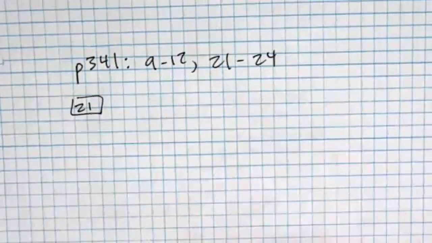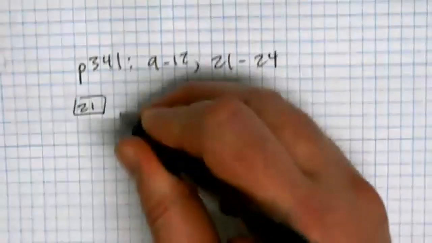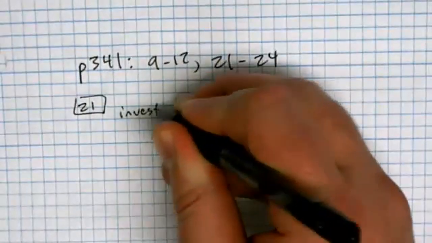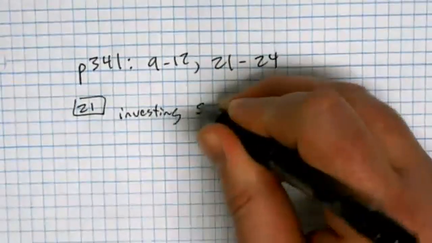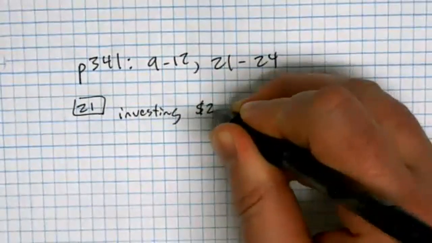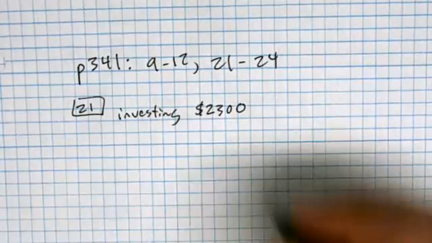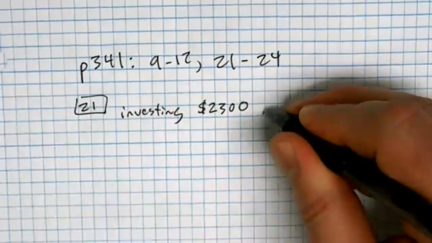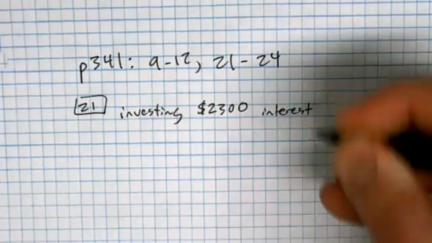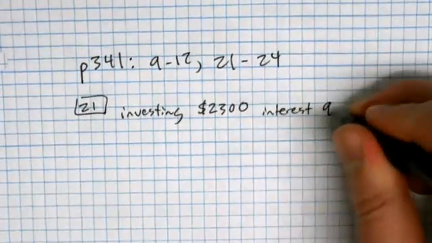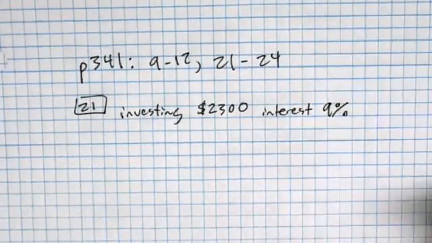Number 21 is about John. John's investing. Congratulations, John. You have $2,300. Your interest is, you found a winner, 9%. And it's quarterly.